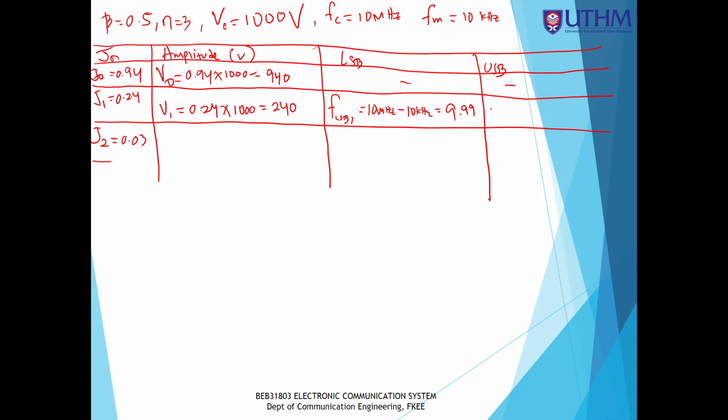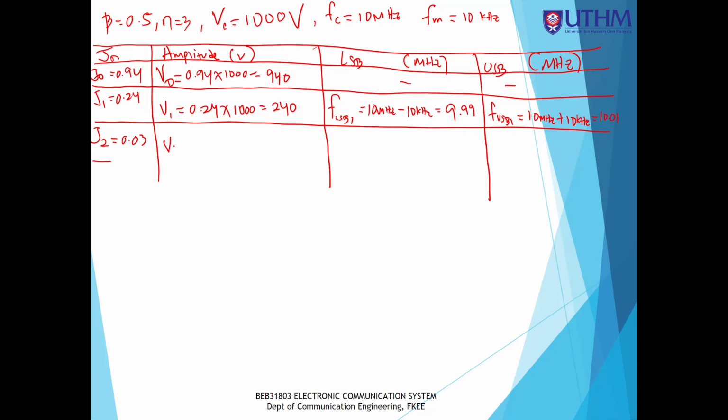And then FUSB1 is equal to 10 mega plus 10 kilohertz, so this is 10.01 megahertz.